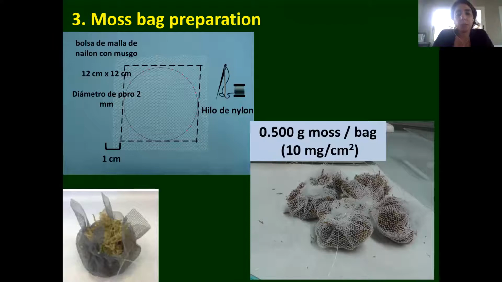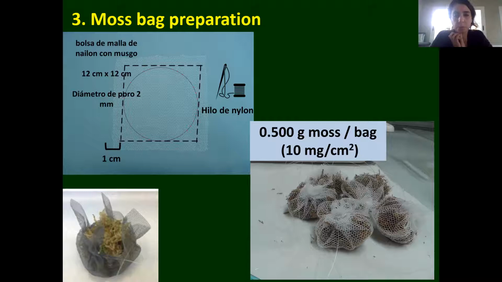After the moss treatments, we prepare the moss bags. They are very small. In the traditional style, we use just 0.1 gram of moss for each bag. We try to keep one specific ratio, 10 milligrams of moss for 1 square centimeter of surface area of the bag, because it's important to evaluate how much moss is in contact with the environment.